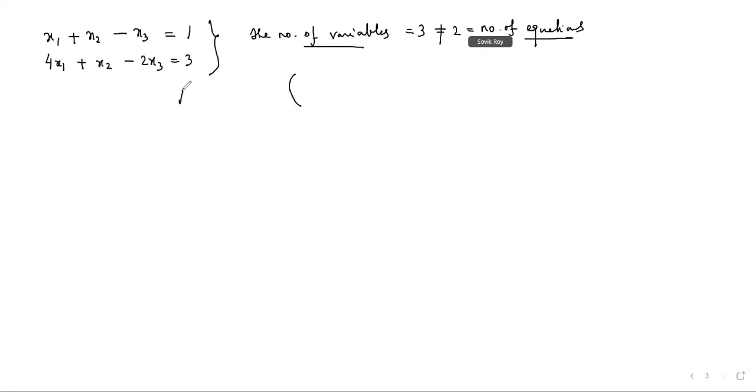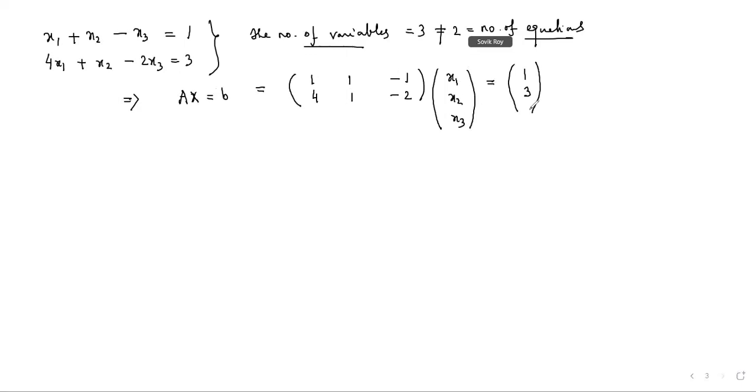The matrix representation is Ax equal to b, which is [1 1 -1; 4 1 -2] multiplied by the vector (x1, x2, x3), and this is equal to (1, 3).